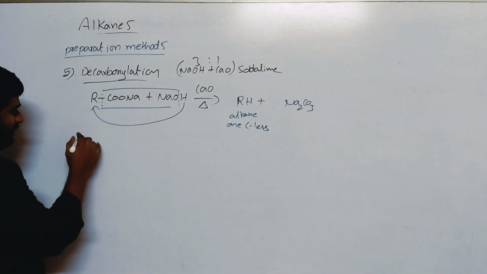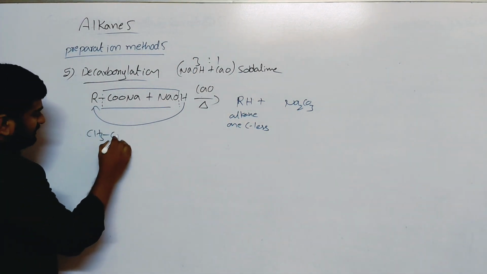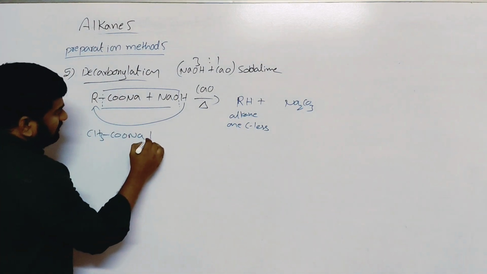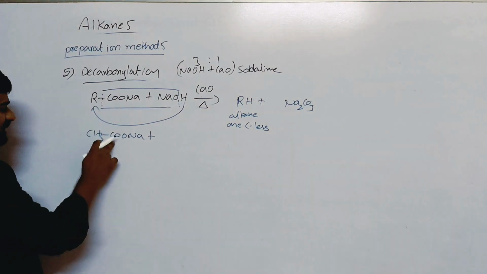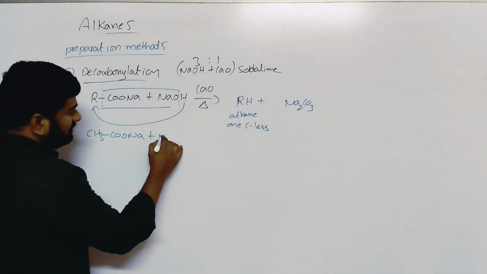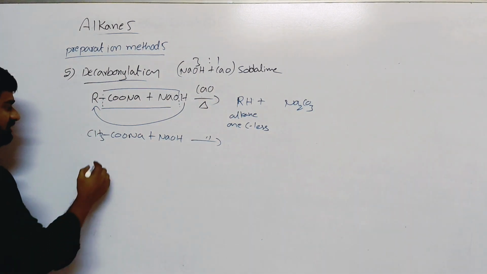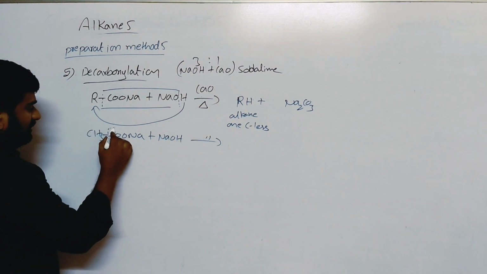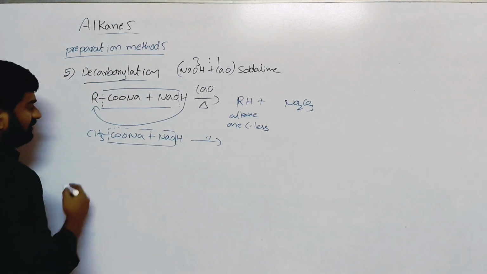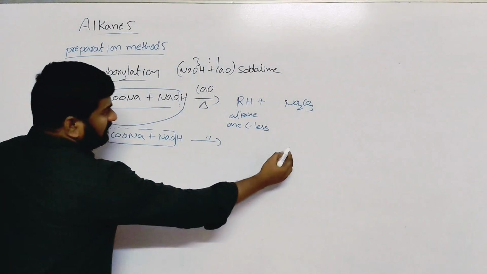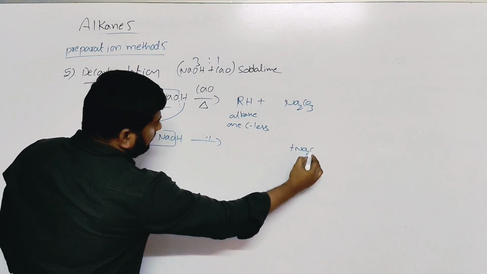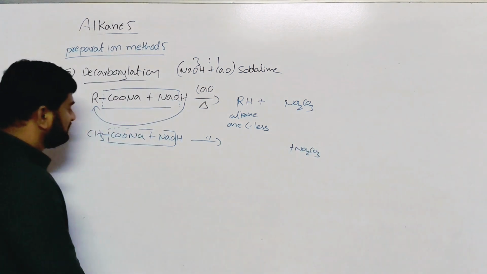Suppose you take CH3COONa, sodium acetate. How many carbons are there? Two carbons are there. This is heated with NaOH. From here onwards up to this NaO, this part will be removed as Na2CO3. This is the common product in all the decarboxylation reactions.